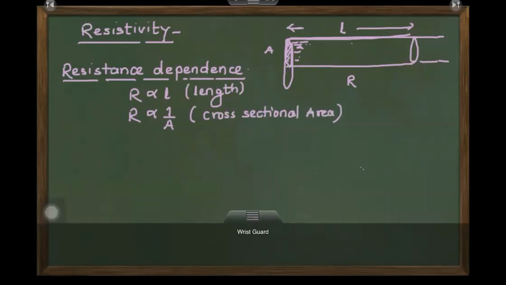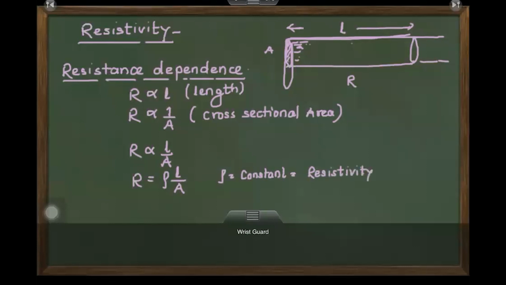And when we combine these two relations together, we can write R is directly proportional to length upon area. Now, you know that in mathematics, when proportionality changes into equality, we have to put a constant. And here, a special constant is inserted. That constant is rho. Rho is a constant, and this constant is called resistivity.